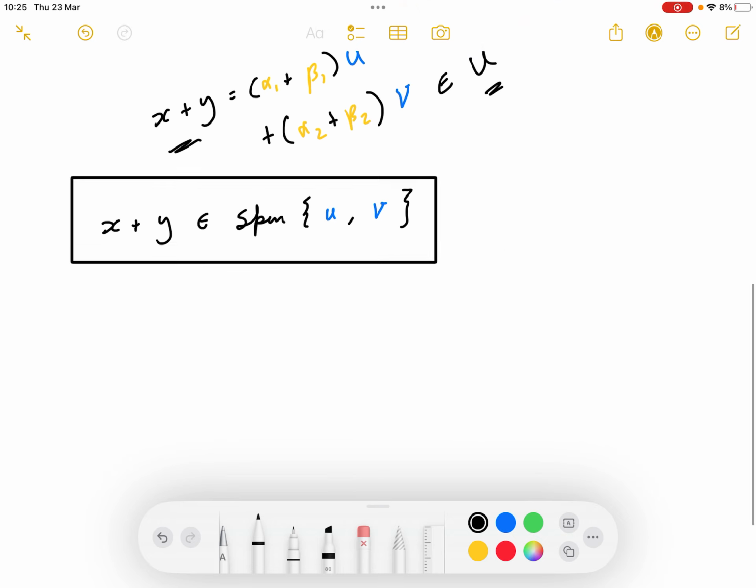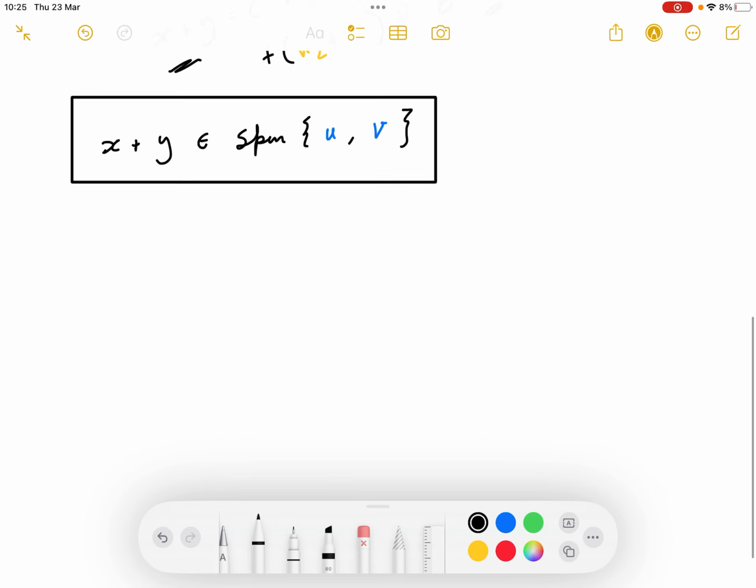Now we just want X times something to be in the span of U and V, and then we're done. We've shown that the span of U and V is a vector space. So let's multiply X by, since we did alpha and beta, gamma.